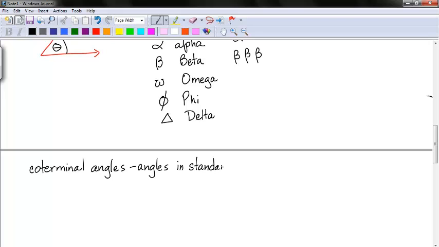That tells you where it's starting. It's on the positive side of the x-axis, and the origin is the vertex. Angles in standard position whose terminal sides coincide.